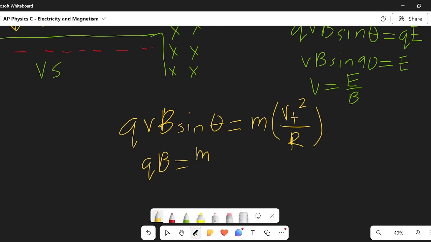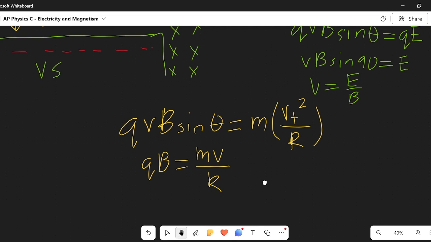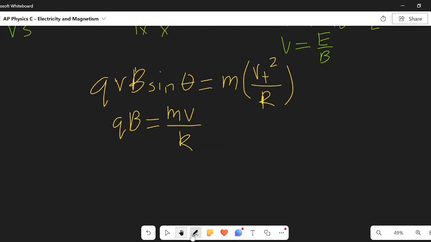This is going to be mv divided by r. Now we know that the velocity is E divided by B, so we can replace the velocity with E divided by B, because we determined that earlier: the velocity selector selects it at E divided by B.